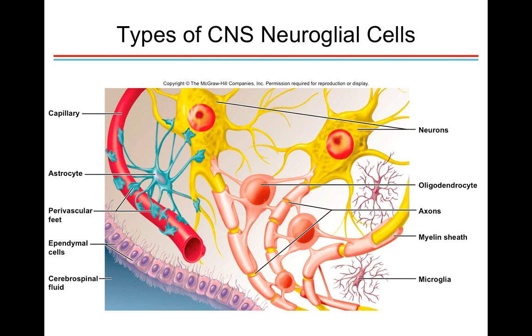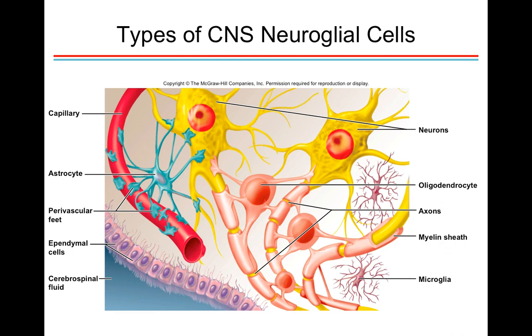And this is going to be very important because as we learn about action potentials, there's going to be huge changes in ions moving in and out of cells in the central nervous system. The astrocytes, notably, can also take up excess neurotransmitter and basically pick them up and then recycle them.